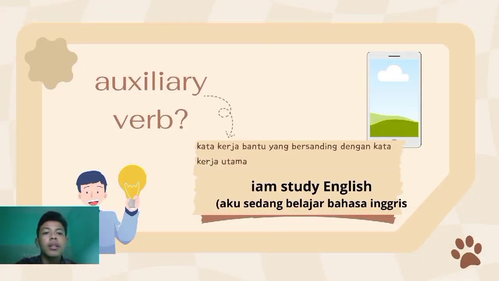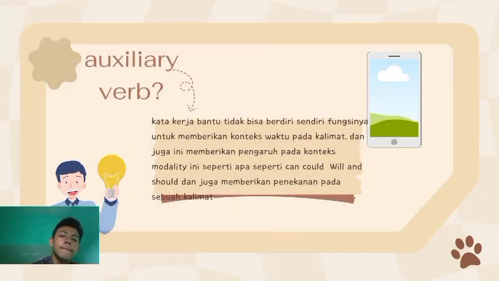This time we will discuss what is called an auxiliary verb. It is a verb that is side by side with the main verb. Okay, we say I'm studying English. Saya belajar bahasa Inggris. So the auxiliary verb here functions to provide a certain context for the activity of the subject. Next, the auxiliary verb cannot stand alone.